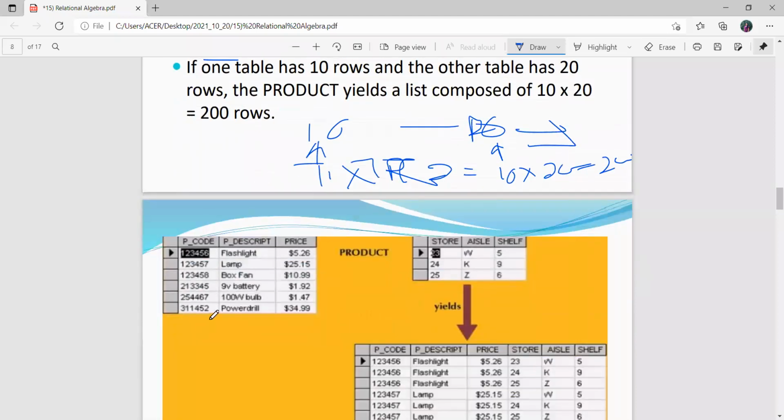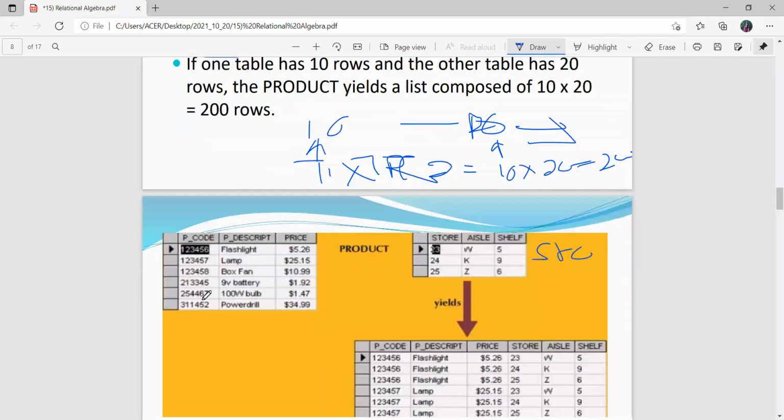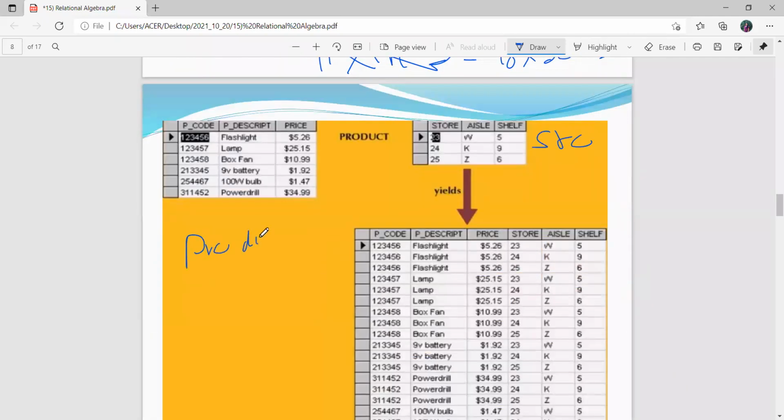You can see this is the product table and let's take this as a store table. I'm going to find the product. Let's take this one as T1 and this one as T2. I'm going to find T1 product T2, which is just a Cartesian product.